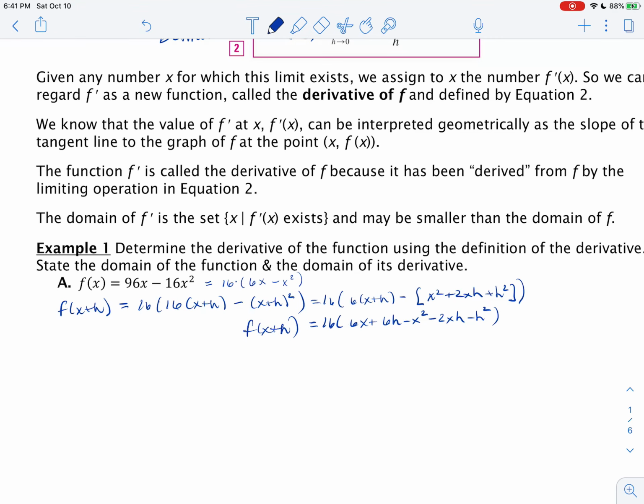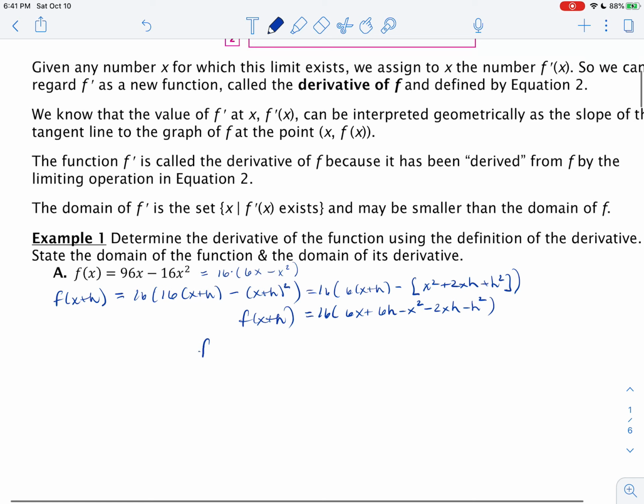Now I'm going to slowly build that f of x plus h minus f of x. I have f of x plus h take away f of x.